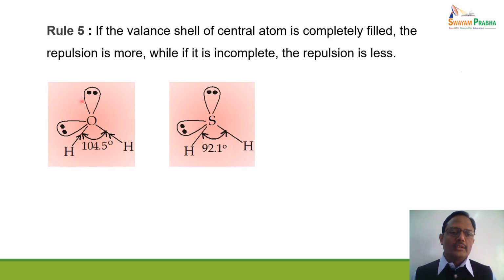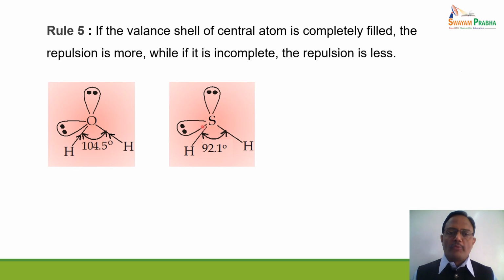Now if we consider this molecule, the valence shell of oxygen is the second shell having a capacity of 8 electrons, and it is already getting 8 electrons, the 2 bond pairs from hydrogen and 2 lone pairs of its own. So there are 8 electrons in the valence shell of oxygen, and hence the repulsive interaction between them will be more and the bond angle will be more.